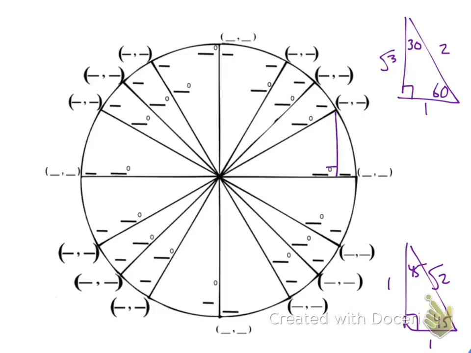If I drop a line straight to the x-axis, it forms a right triangle with the x-axis, the vertex, and the terminal point at the end. That triangle right here is this one, or it's this one. It's one of these two reference triangles.